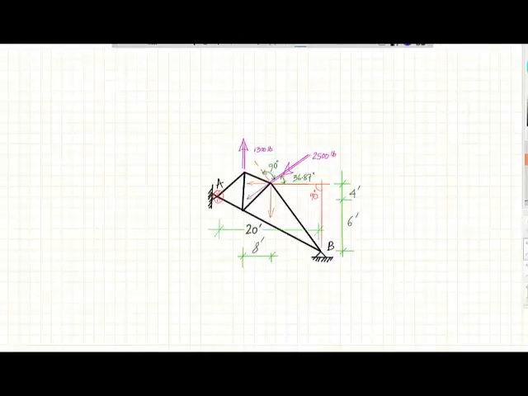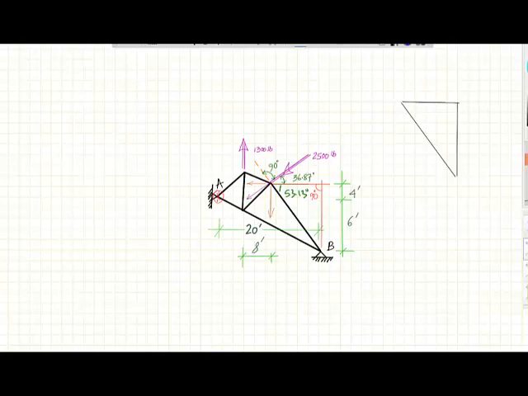Now we need to analyze this right angle triangle. This angle should be the remainder of 90, which is 53.13 degrees. So this angle is equal to 53.13 degrees.